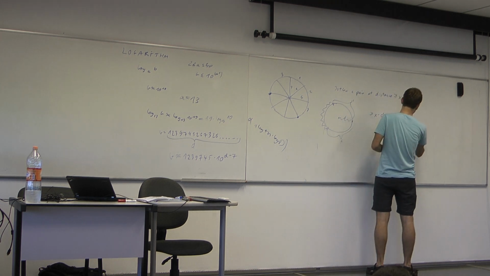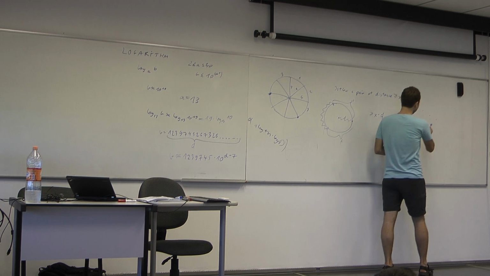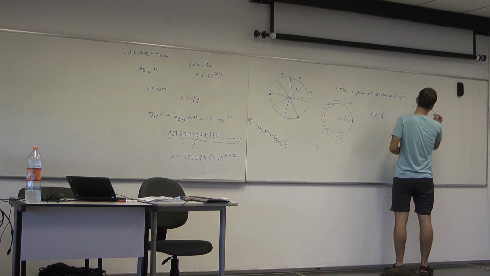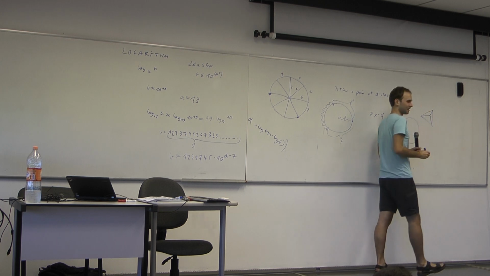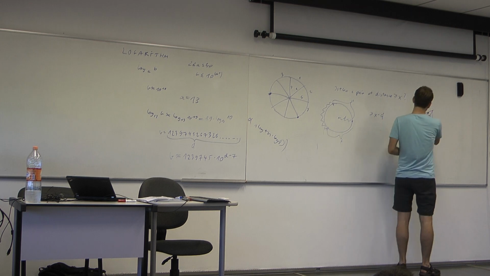It has 3 vertices. 3? Like this? No, 3 in the circle. Yeah. And the 2 edges on the circle have weight 1, the other one has weight 4. And all the edges to the middle have weight 1.